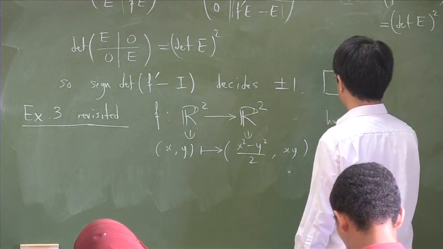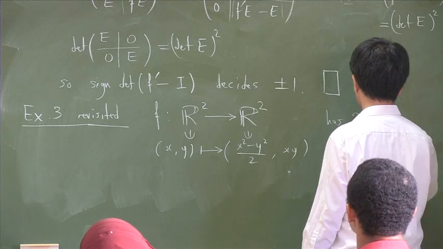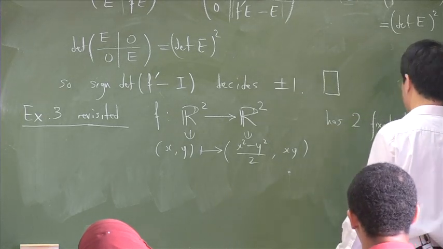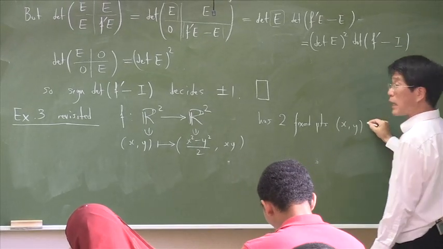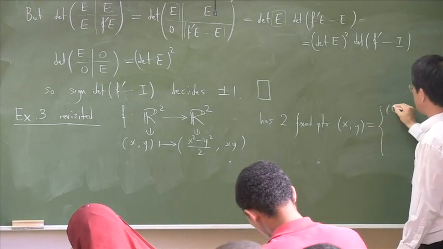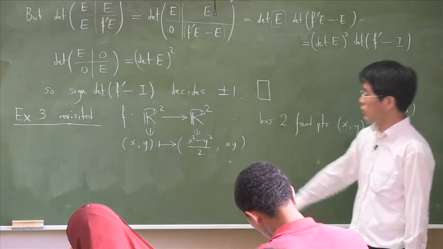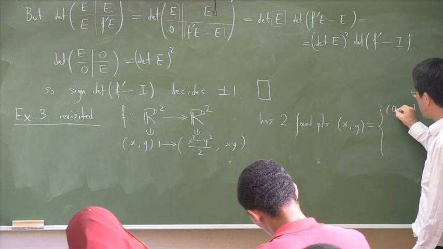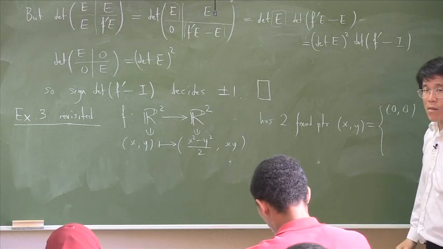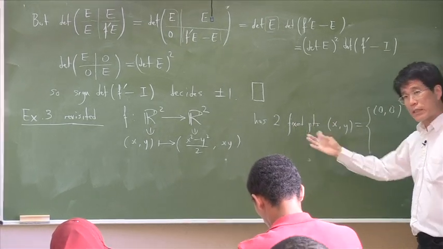This has 2 fixed points. And those 2 fixed points have the xy coordinates as follows. 0, 0. Can you check that 0, 0 goes to 0, 0? I hope you can. Another fixed point. What do you think the other fixed point is? What xy goes to the same point?